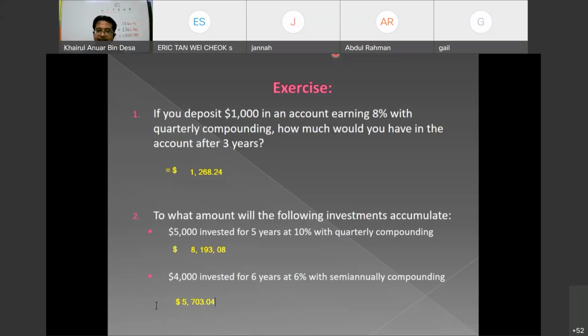Okay, ada yang tak dapat, ada yang tertinggal? Kalau kita dapat answer from the future value table, tapi value dia tak quite sama, different.